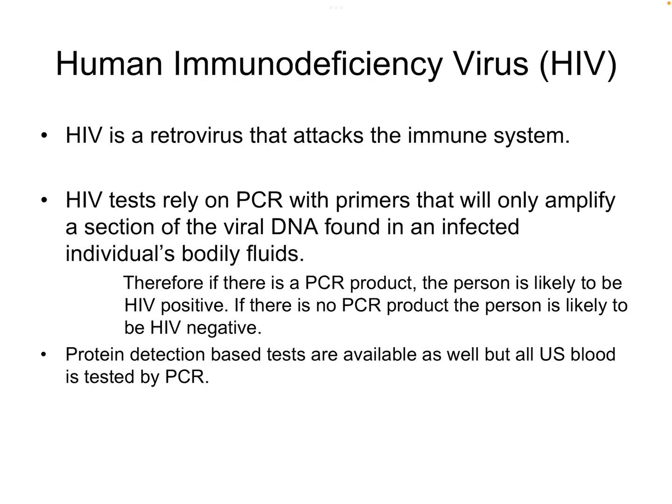HIV tests rely on PCR with primers that will only amplify a section of the viral DNA found in an infected individual's bodily fluids. Therefore, if there is a PCR product, then the person is likely to be HIV positive. If there is no PCR product, the person is likely to be negative for HIV.